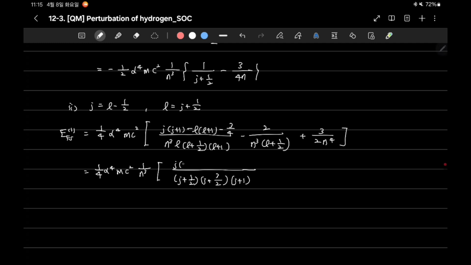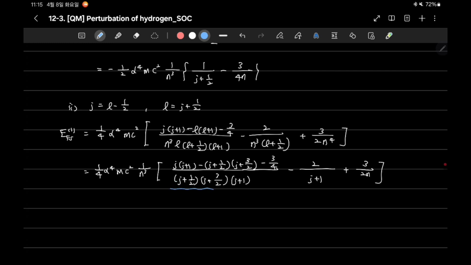L plus 1 is j plus 3 half minus 3/4, and minus 2 over L plus 1 half, which is j plus 1, and plus 3 over 2n.